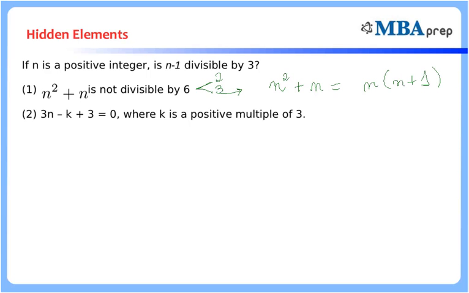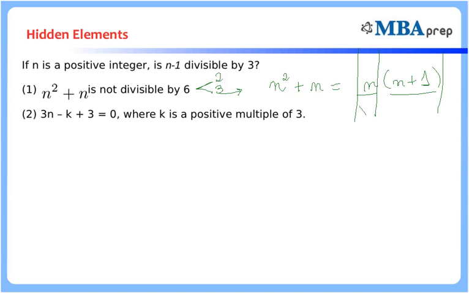What happens? But it is divisible by 2. Because if n is even, n plus 1 is odd. If n is odd, n plus 1 is even. But it's not divisible by 6. So it should not be divisible by 3. If it's not divisible by 3, I also remember that multiples of 3 will happen every 3 numbers.